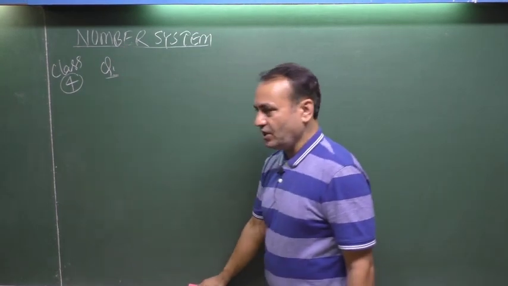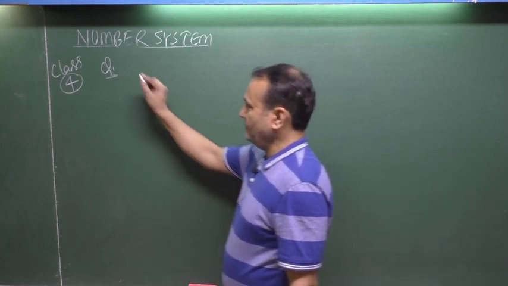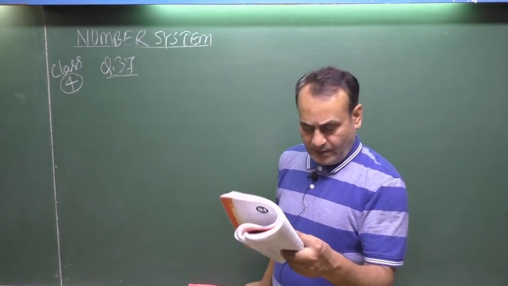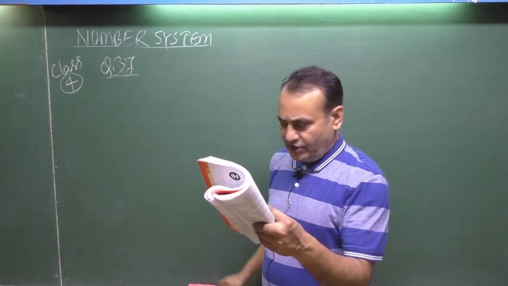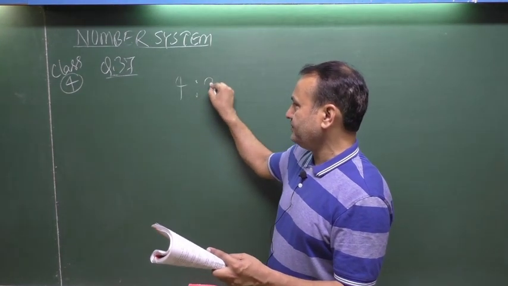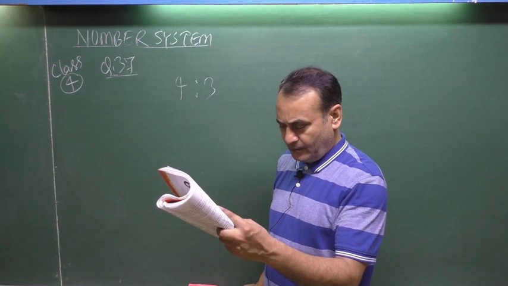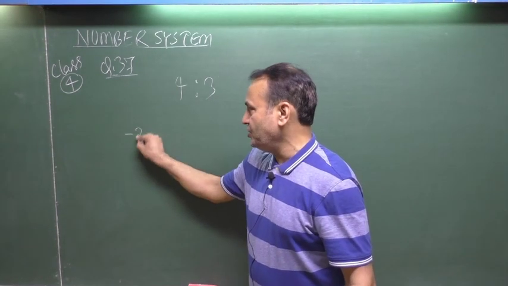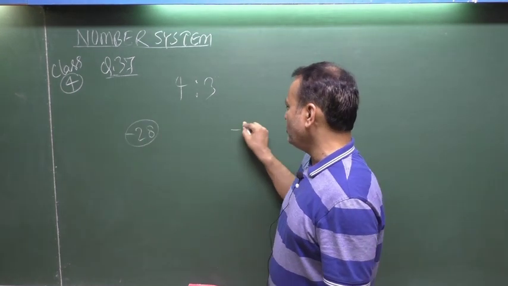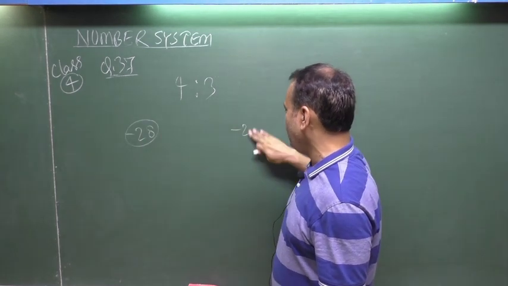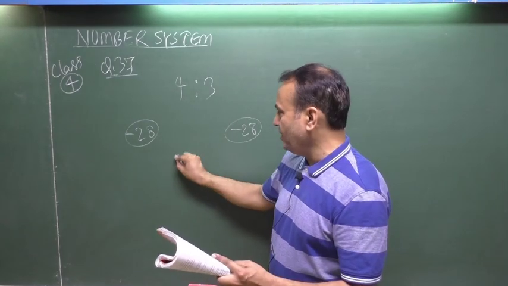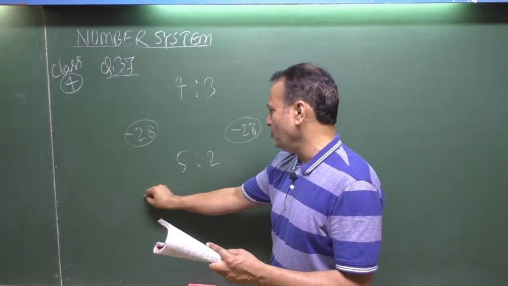Now question number 37. These are of equal types. There are two numbers in the ratio 4:3. If 28 is subtracted from both the numbers, the ratio becomes 5:2.